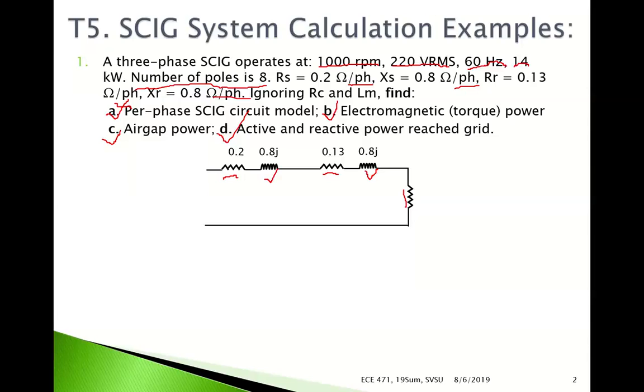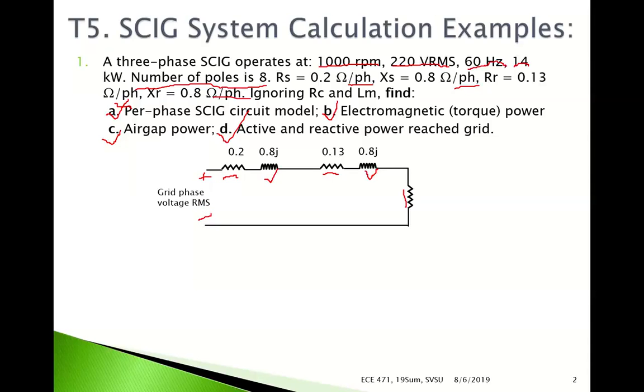So what I'm missing is the phase voltage across these 2 terminals, and the other thing is the resistance here. We need to calculate it, which we recall is a speed dependent, or say slip dependent, value.